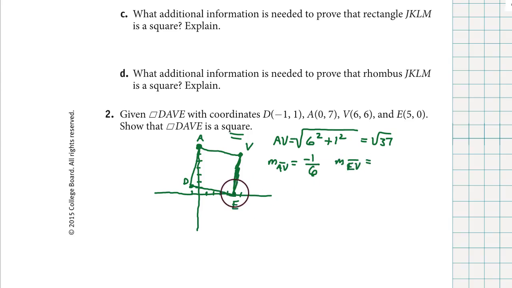The vertical change from E all the way up to V is 6 units. And horizontally, it is just 1 unit to the right, so 6/1. Notice that these numbers are negative reciprocals. That means that the segments are perpendicular. We could do this with all other angles as well to see if they're perpendicular.